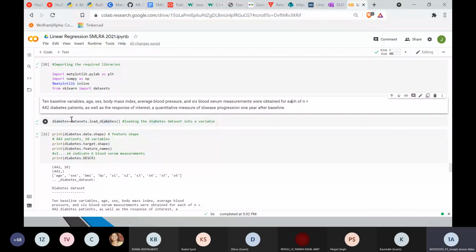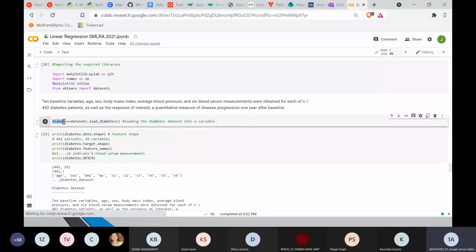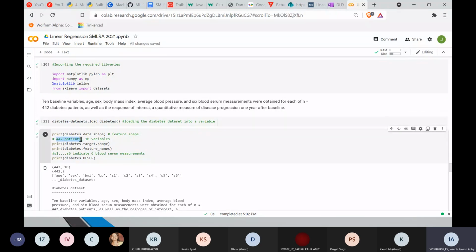All right. So we are using the sklearn library. We have imported the diabetes data into this diabetes variable. We have the data of 442 patients.